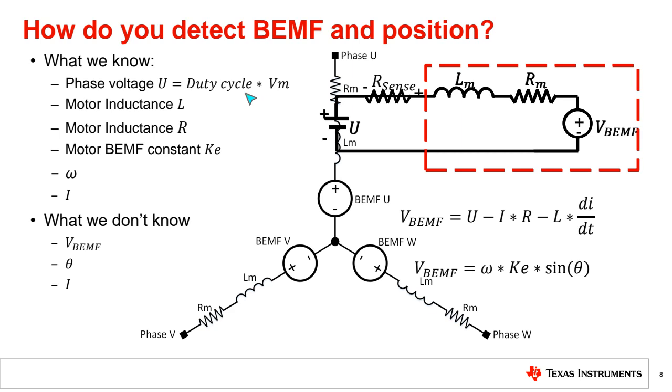Your duty cycle, you will arrange it. Your duty cycle is 50 percent. If your battery applies 200 volt and you have 50 percent duty cycle, you can calculate the phase voltage very easily. 50 over 100 times 200 equals 100 volt. This is called the phase voltage.